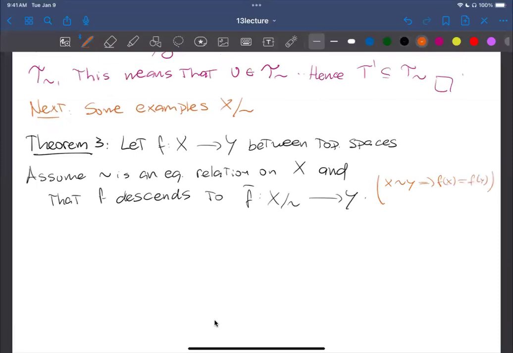In such case, f will give you a function going out of the quotient.